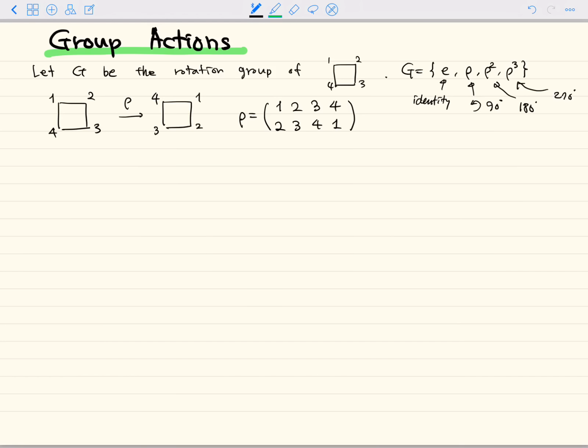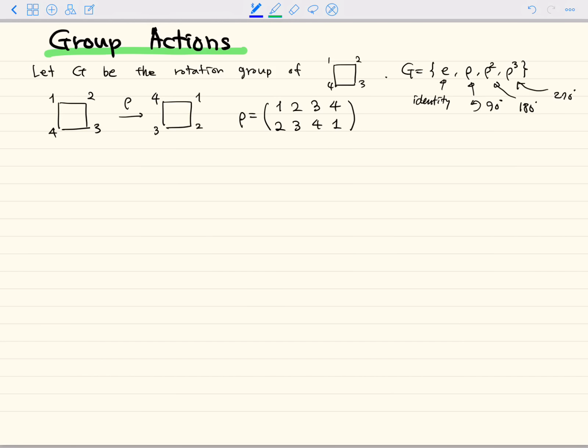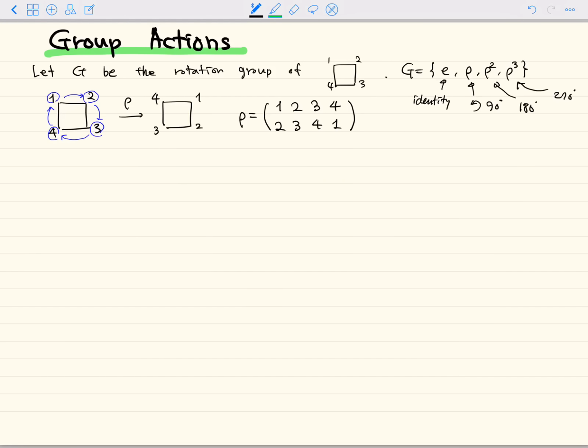We can think of this as 1 moves from this position to this position, and 2 moves from this position to this position, like this. So this will be the permutation which sends 1 to 2, 2 to 3, 3 to 4, 4 to 1.